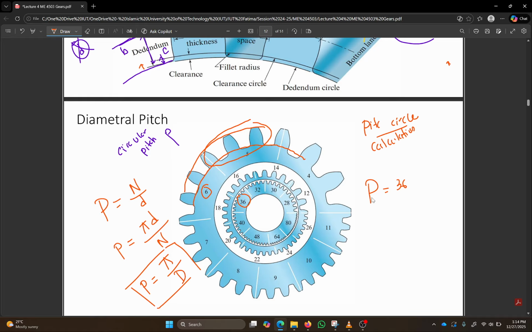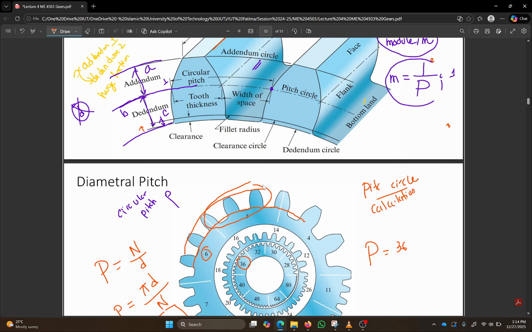Now, addendum. Recall addendum, this distance. Addendum is equal to 1 by diametral pitch, which is equal to module. Dedendum is equal to 1.25 by diametral pitch.